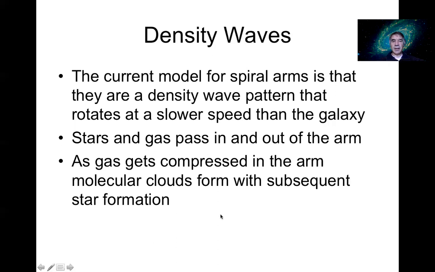A key thing here now is that the spiral arms act to collect material together. Okay, so the spiral arm is a slight deepening of the gravitational potential well, and when stars and gas enter into the arm, they get slowed down a little bit.